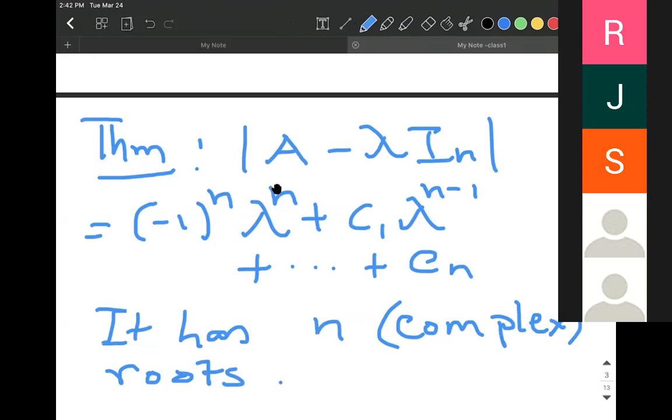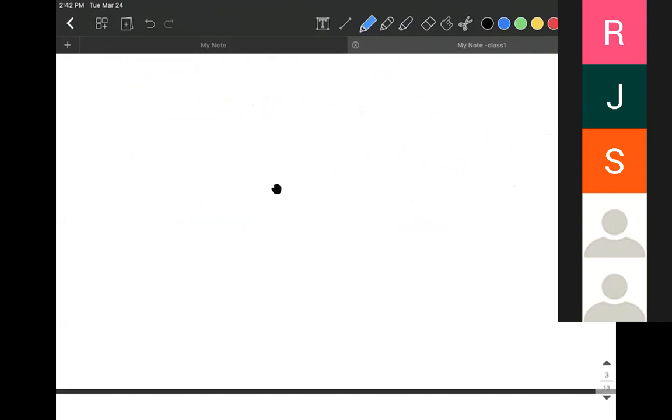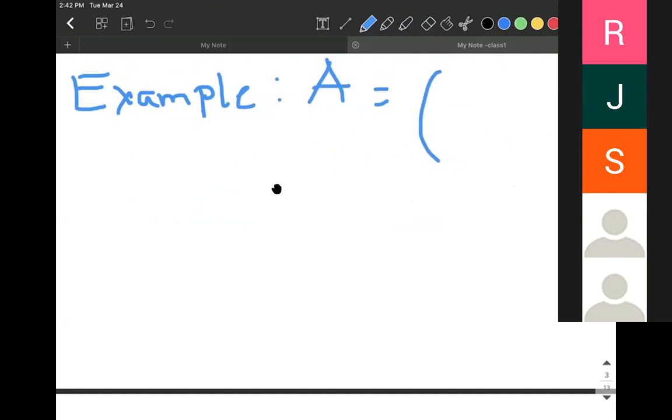Okay, let's do this example step by step. Page 15. Two, one, one, two. So this is a very concrete 2 cross 2 matrix.